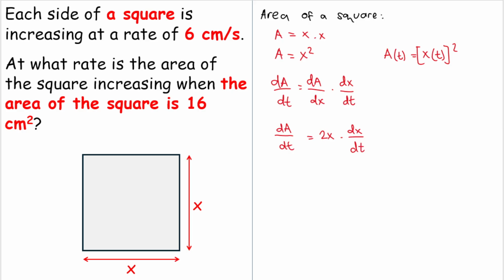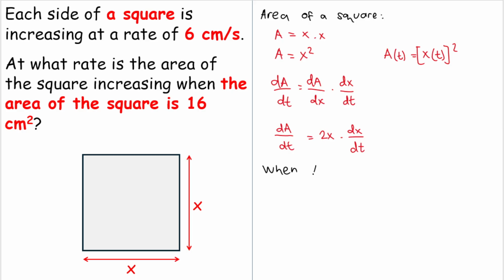Okay, now let's see what the question is asking us. At what rate is the area of the square increasing when the area of the square is 16 centimeters squared? That is the key.